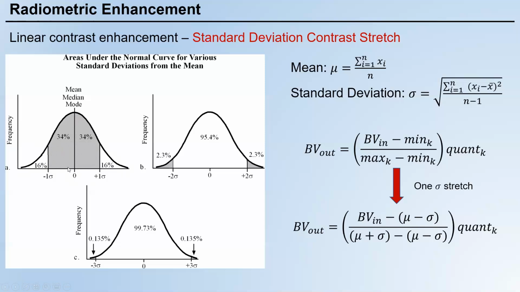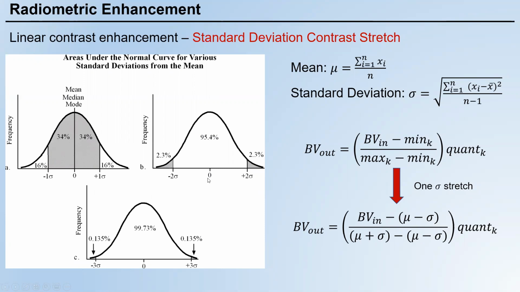For example, if your mean value is 0, you can calculate the standard deviation, mean minus 1 time standard deviation and mean plus 1 time standard deviation, and this area is addressed by this shade here. Each side accounts for 34% of your data set.